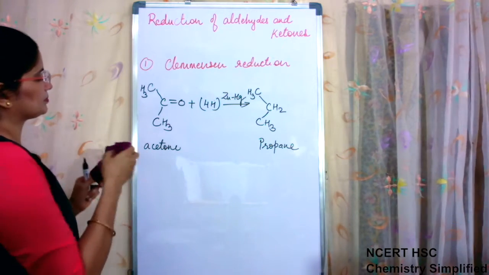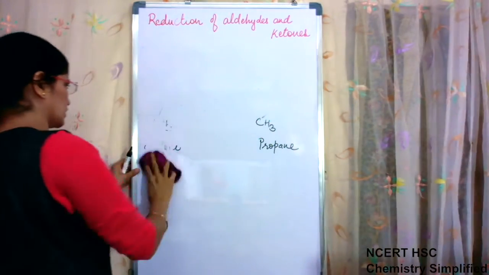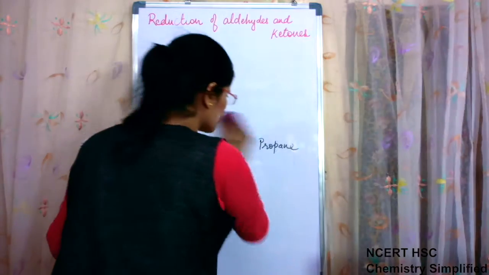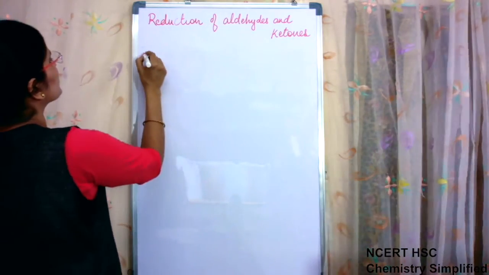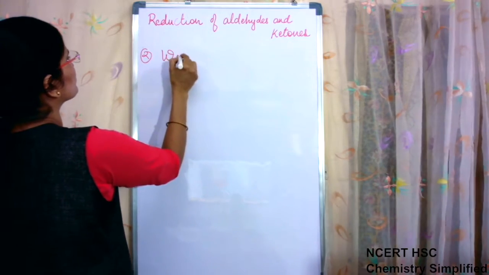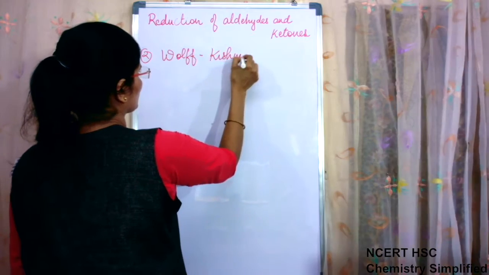The second method to convert aldehydes or ketones into alkanes is another name reaction, that is Wolff-Kishner reduction.